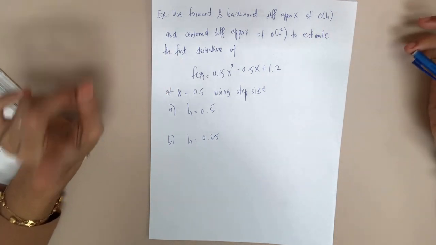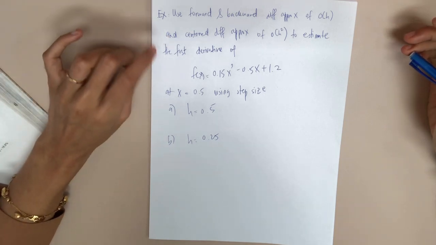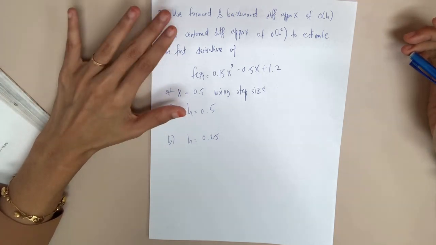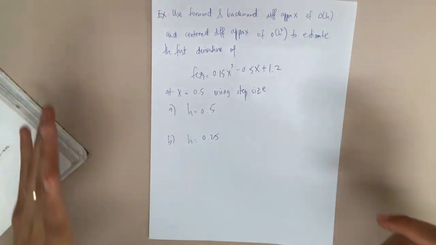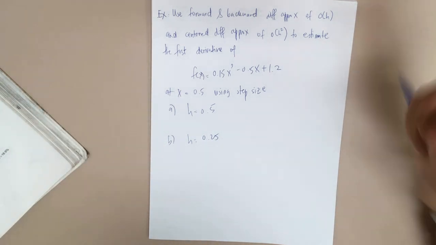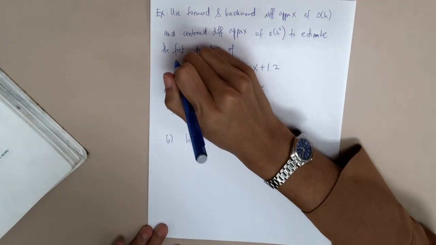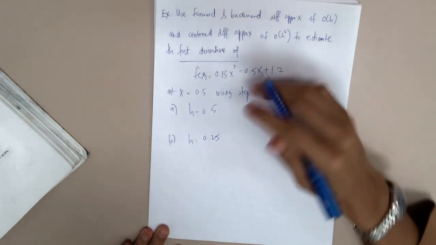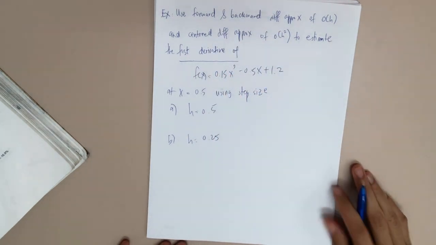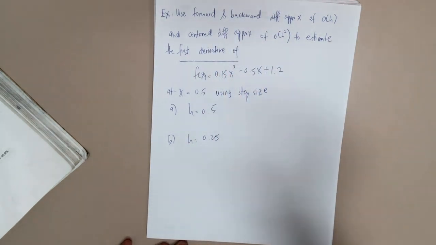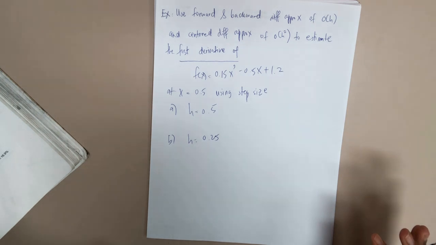So the first thing, you need to identify which derivative this question asks for, first or second. Clearly the sentence here says first derivative. It means you need to find all of this forward, backward, centered by using the first derivative formula. So you can ignore the formula of the second derivative, it has no relation to this question.